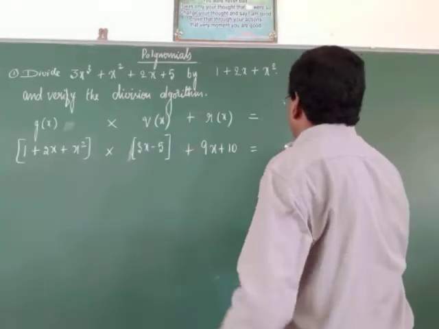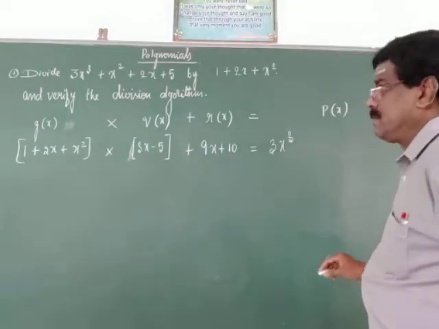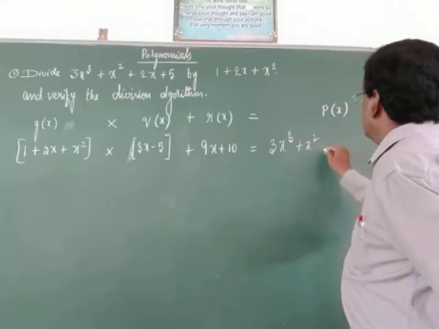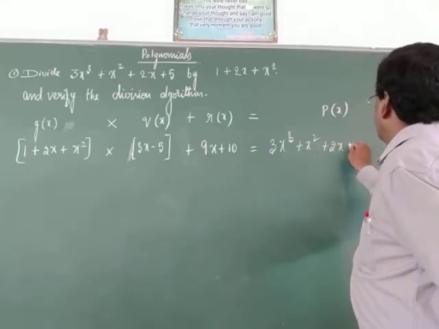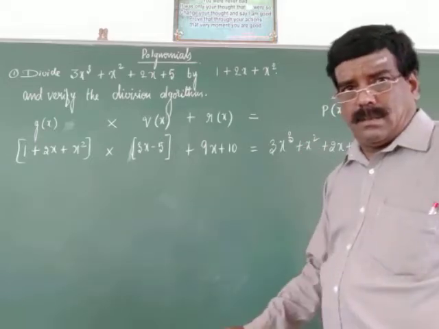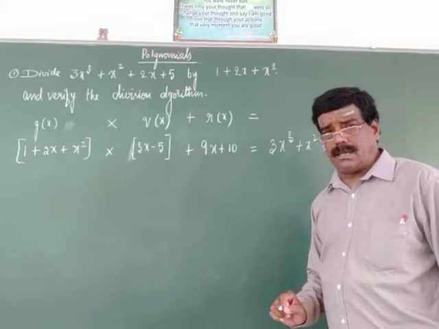Polynomial of x again it is given, it is 3x cube plus x square plus 2x plus 5. You should get this. If you get this, that's all about how to verify the division algorithm.